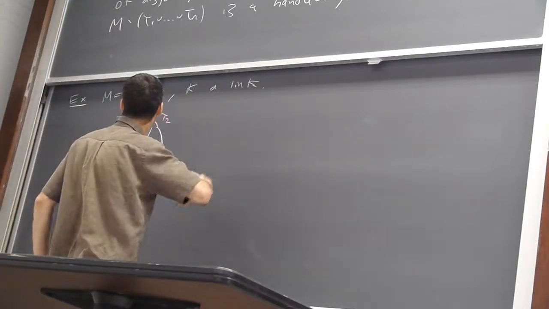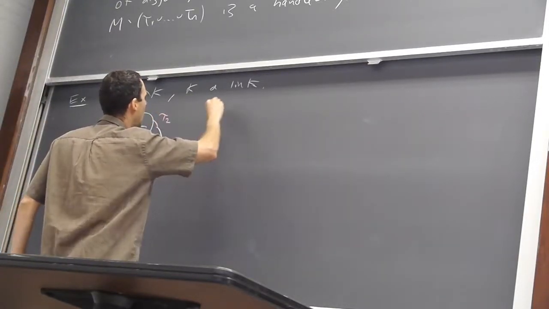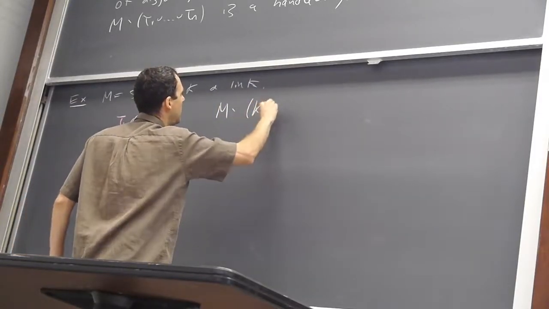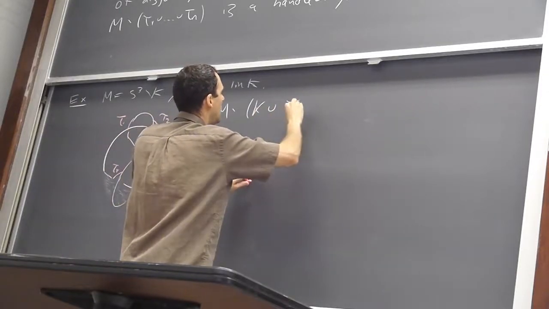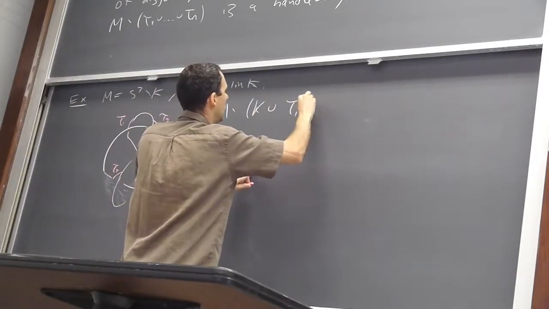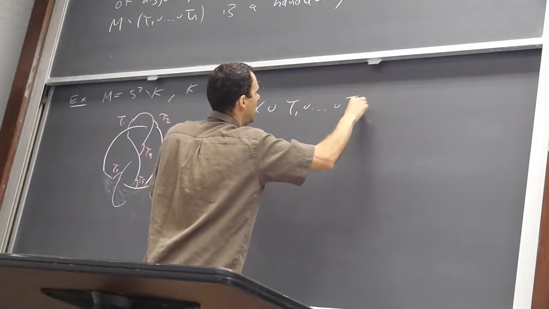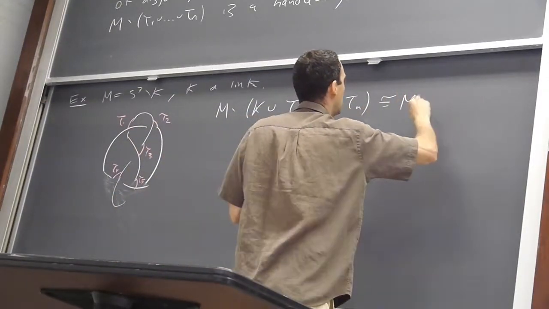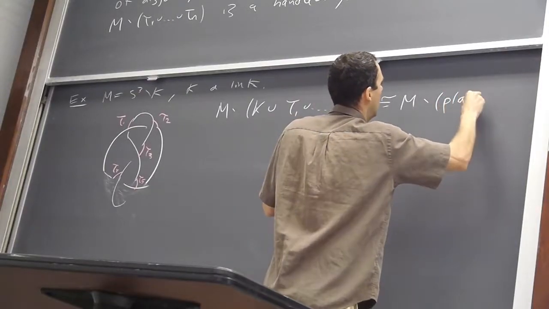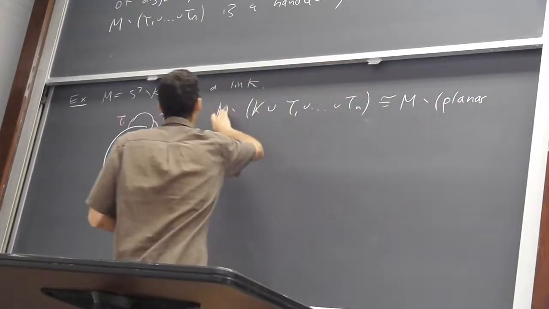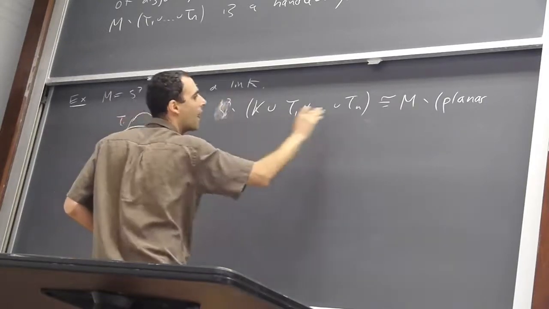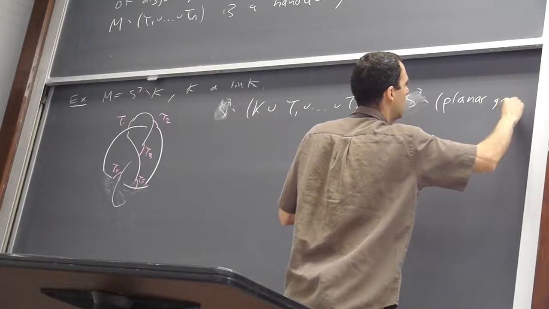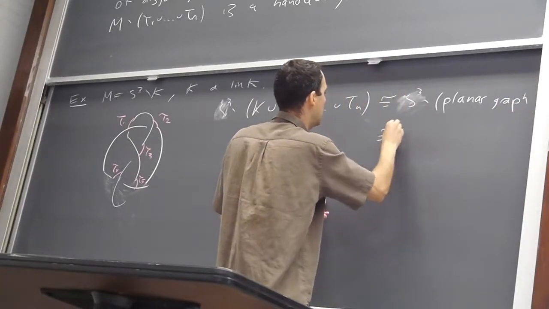And then I claim that S3 minus K union tau 1 through tau n is homeomorphic to S3 minus a planar graph, and hence a handlebody.